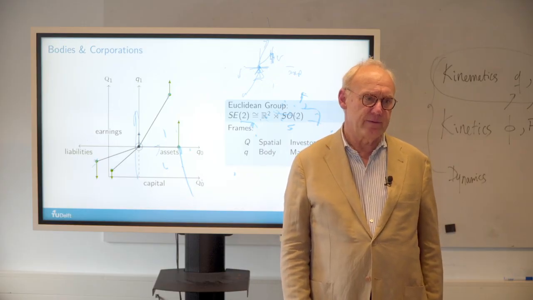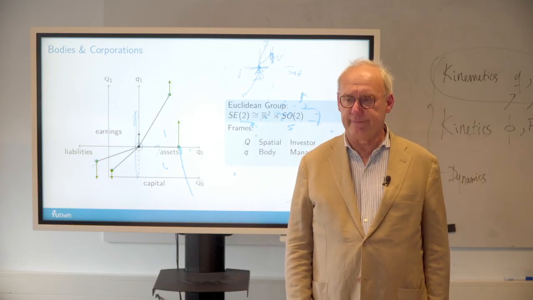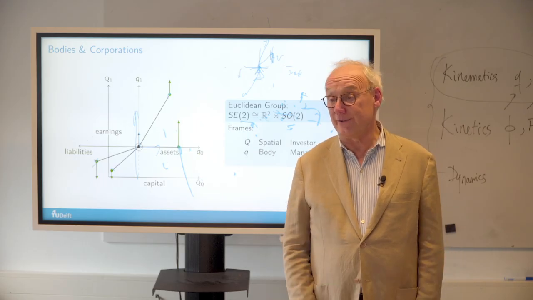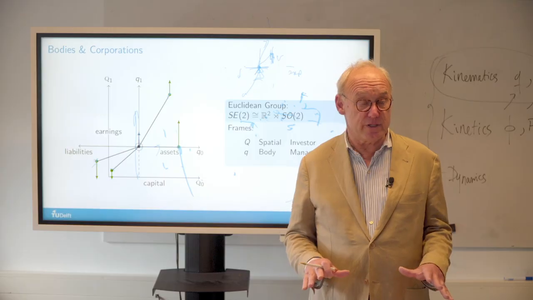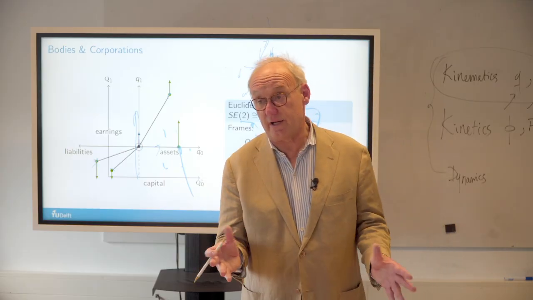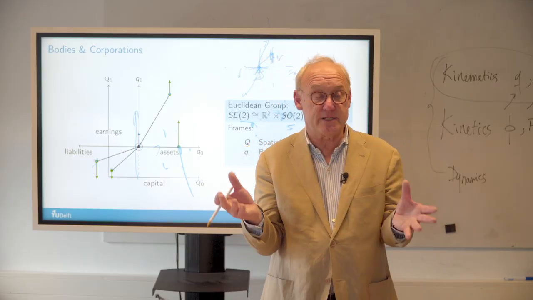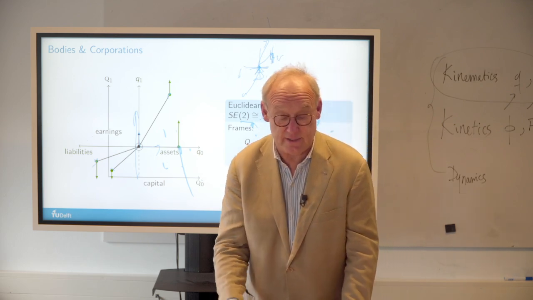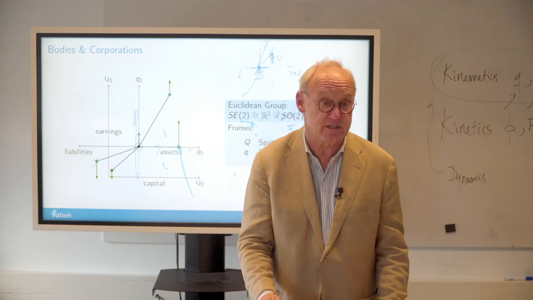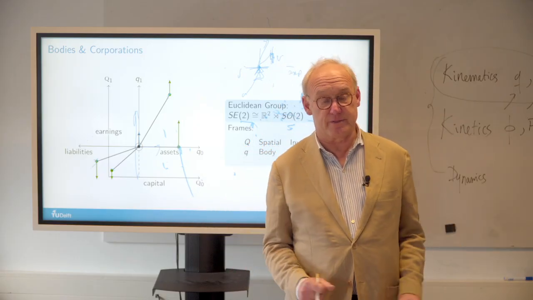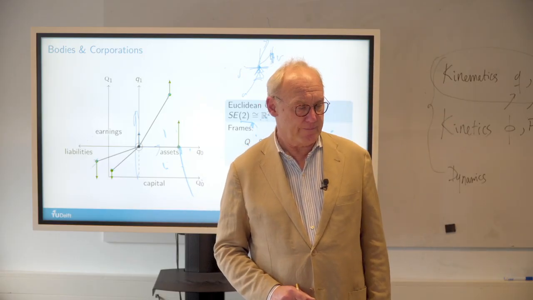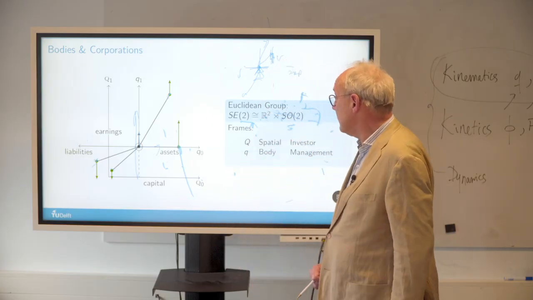This group also has a name. It's the Euclidean group, because Euclidean motions are translations and rotations. So our space is invariant. I can take this thing, put it somewhere else, or I can rotate it. It's the same object. If I stretch it, it becomes a different object. That's why it's called the Euclidean group.